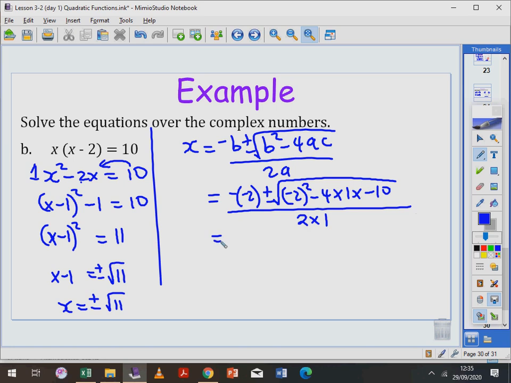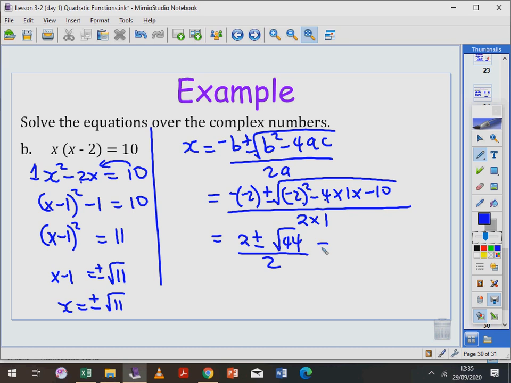So negative of negative 2 is 2 plus minus square root of negative 2 squared is 4. 4 times 10 is 40. 4 plus 40 is 44. So I have square root of 44, all divided by 2.